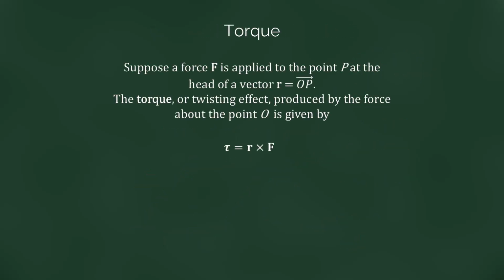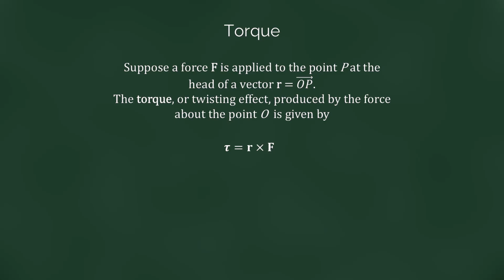Torque is going to be another. So let's talk about what torque is. So imagine applying a force to a particular point that's at the head of a vector. So something like turning a screwdriver or closing a door, where we have some rotational effect, the door on its hinges or the screw being turned. So the torque is going to be a vector that indicates the twisting effect that our force has. And there's got to be some point O at the head of our vector r.